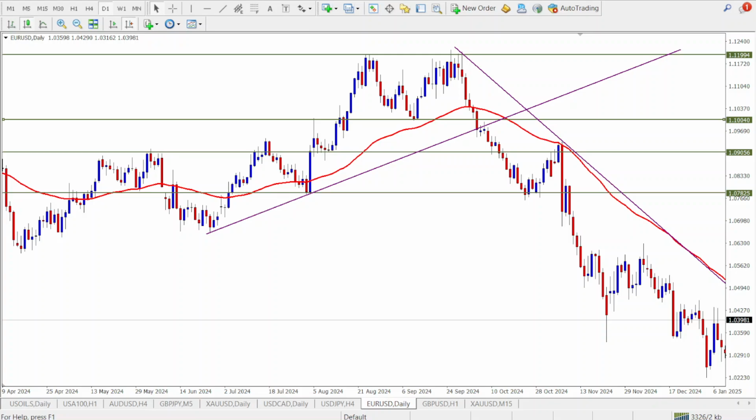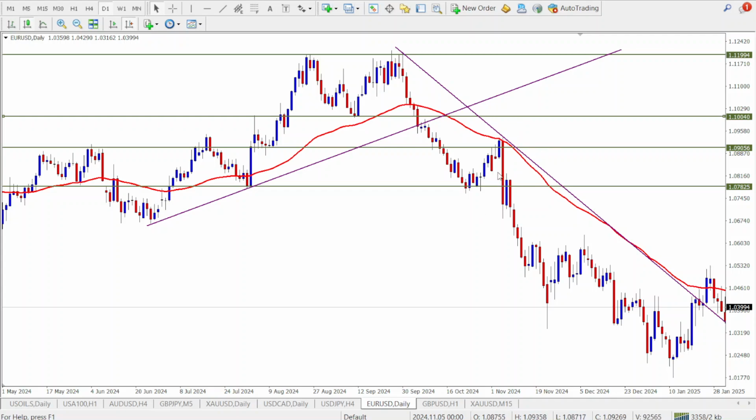Now let's put everything together into a simple technical analysis trading strategy for beginners. The first step is to identify key support and resistance levels on your chart. Once you have identified these important levels, then you look for price action confirmation using candlestick patterns.